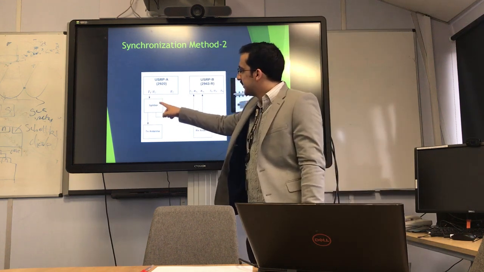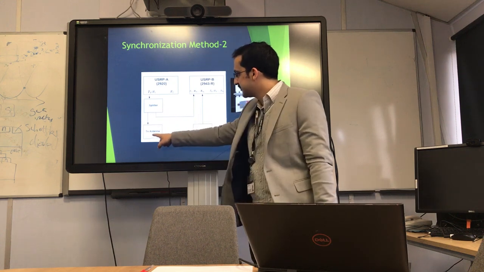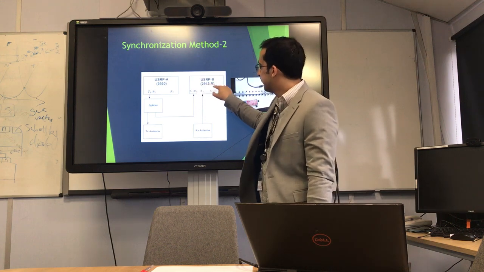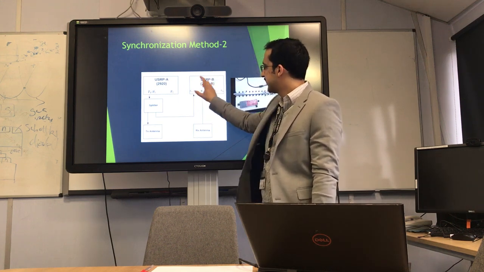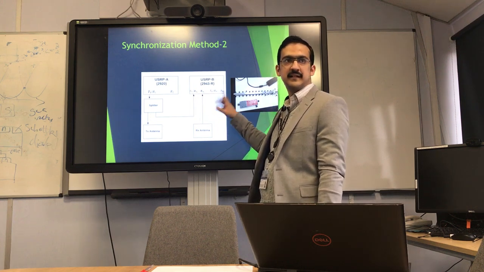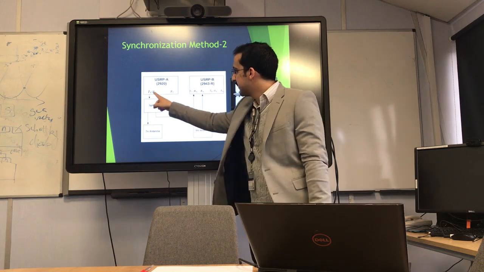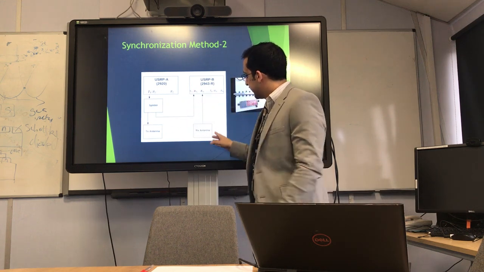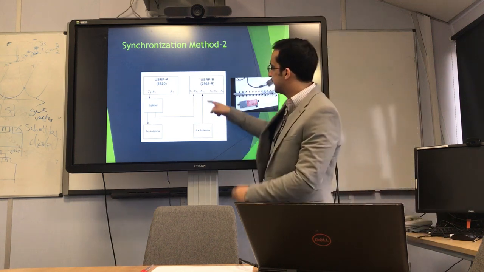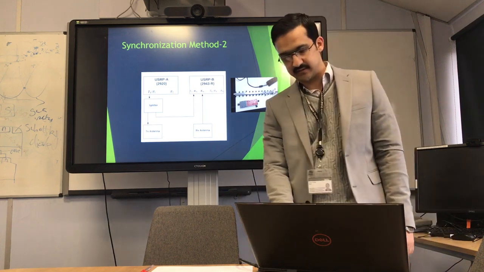From the transmitter of the 2920, one port of the splitter goes to the transmitting channel, and the other goes to the receiving part of the 2943. Remember, this is the same channel having the same oscillator, and this is the other channel with the same oscillator. So if the transmitting part goes to this, and you receive via the other receiving port, you can do the de-chirping by comparing these two. So it's a very naive solution.